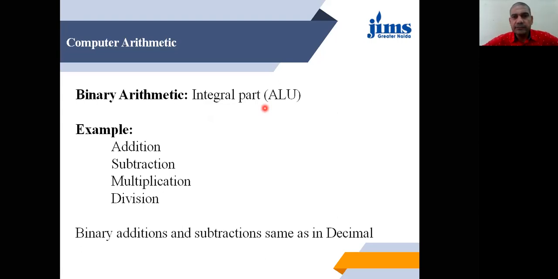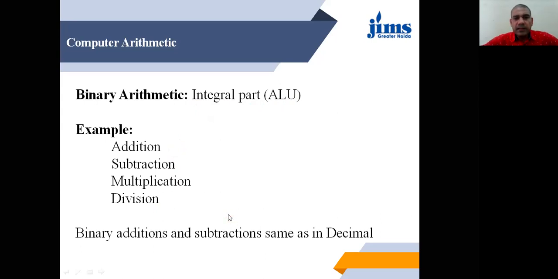There are two main parts, the control unit and the arithmetic logic unit, and this is the integral part to perform any operations inside the computer, like addition, subtraction, multiplication, and division.